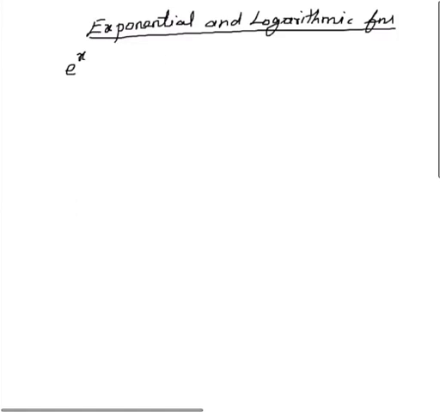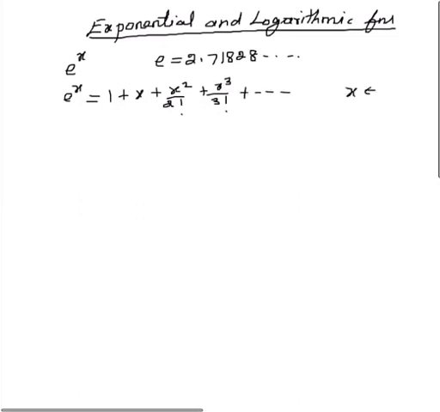The value of e is 2.71828, etc. And this e power x has an expansion, a series which is 1 plus x plus x square divided by 2 factorial plus x cube divided by 3 factorial plus etc. up to infinity, where x belongs to R.